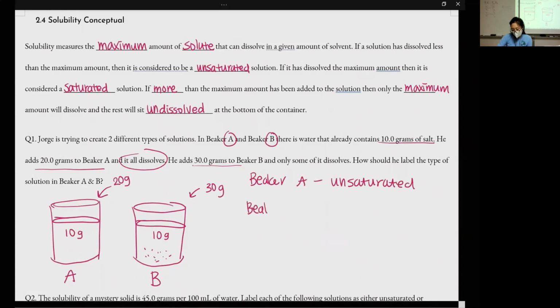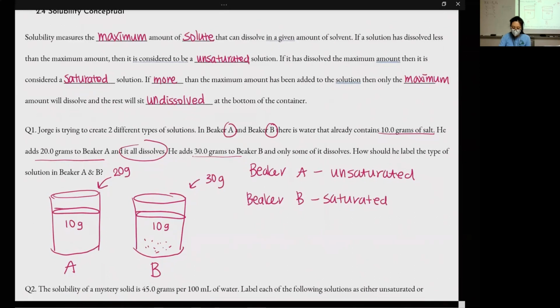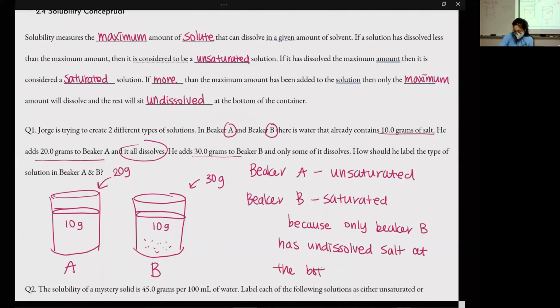And then beaker B is saturated. That's why you see some salt that is not dissolved at the bottom of the container.